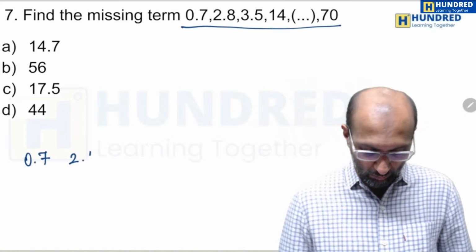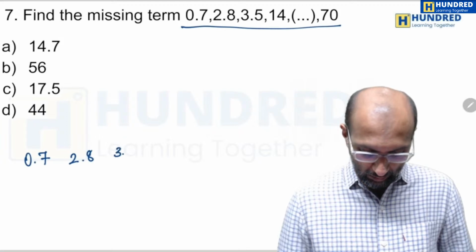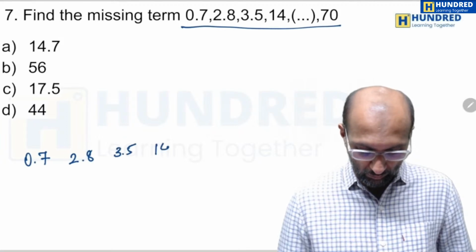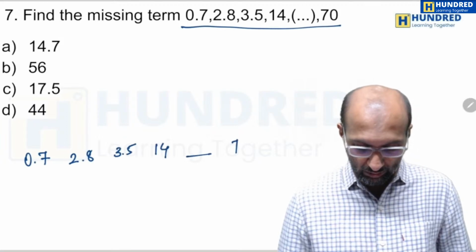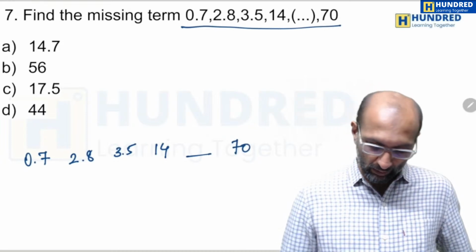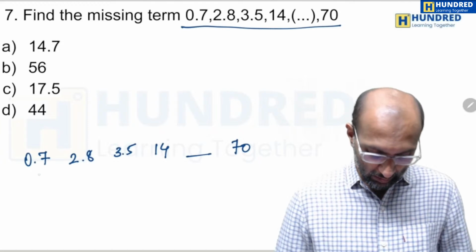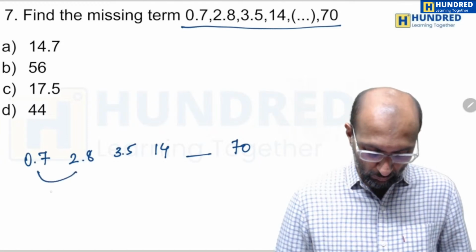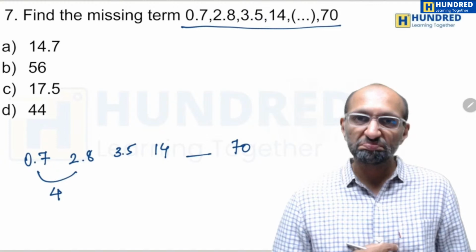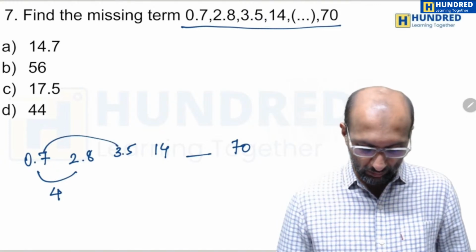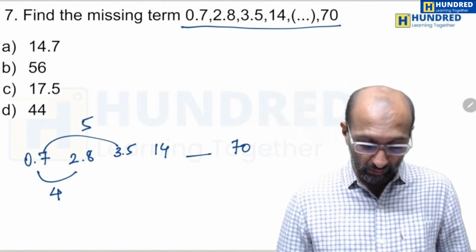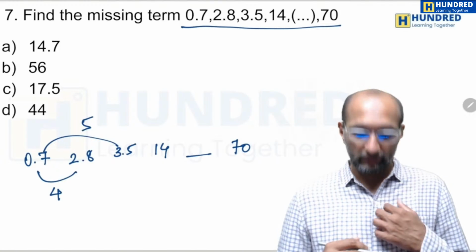0.7, 2.8, 3.5, 14, 70. Okay, so see what we can say here. Into 4 is 2.8, into 5 is 3.5. Correct or not?